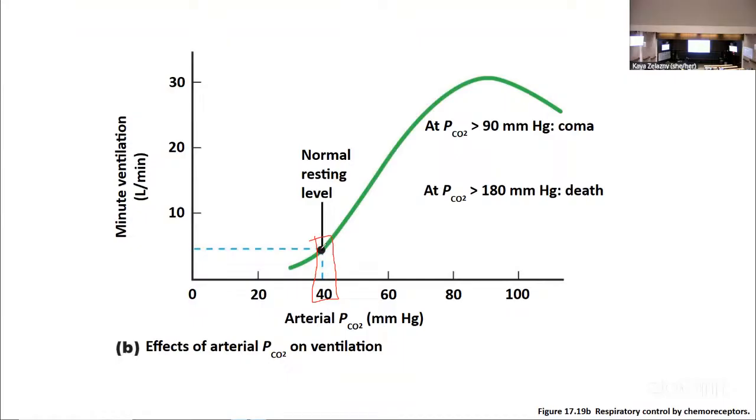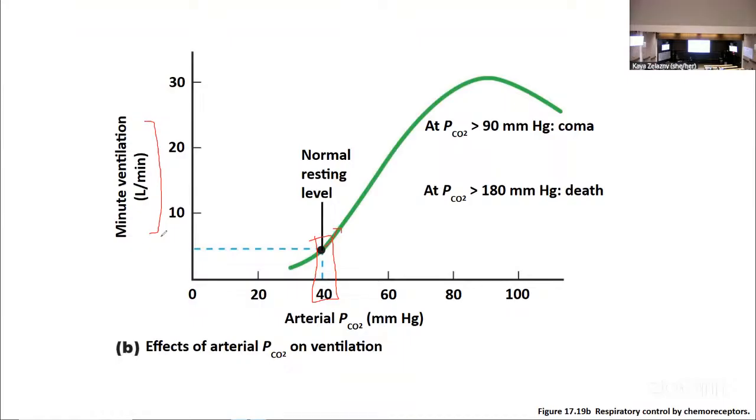And we can see here that as soon as these carbon dioxide levels start to go up, we're immediately seeing a response in our minute ventilation. We immediately start to breathe more deeply and faster as we see these carbon dioxide levels rise.